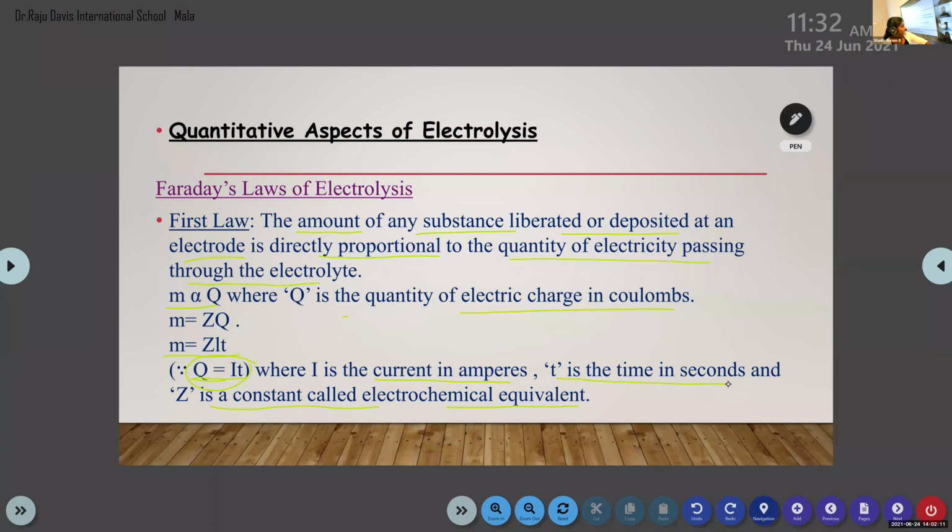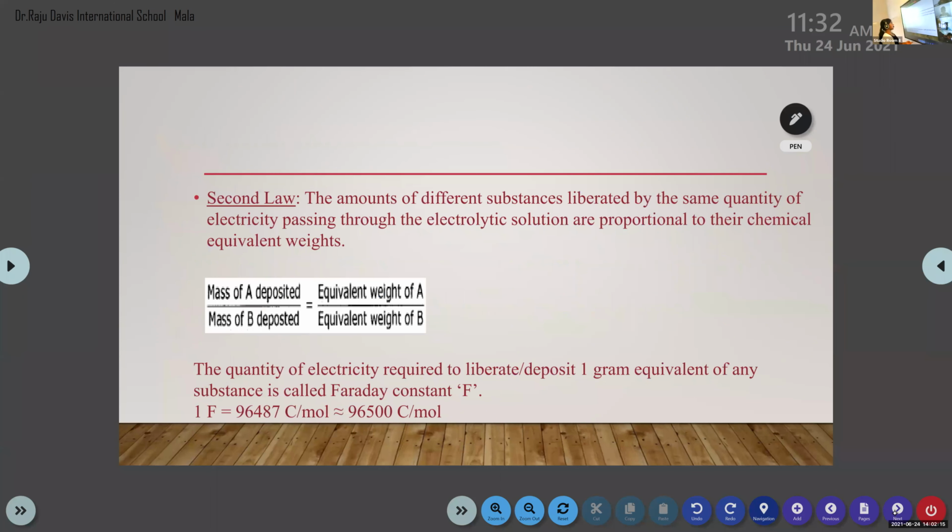Yes. Then the second law, Faraday's second law of electrolysis. The amounts of different substances liberated by the same quantity of electricity passing through the electrolytic solution are proportional to their chemical equivalent weights.